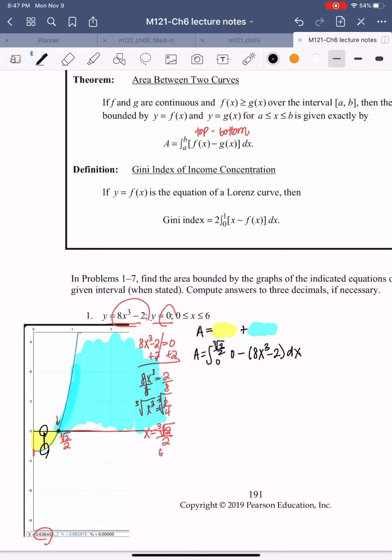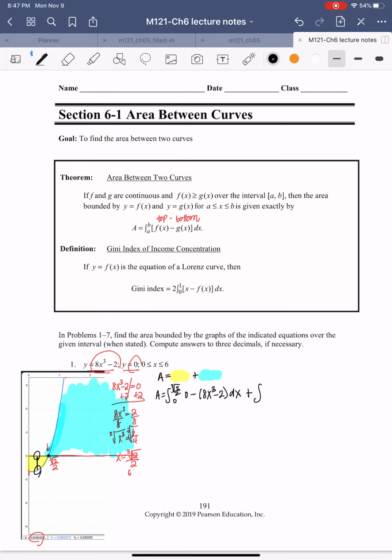Okay. Now the blue one is on top. It starts at cube root of 2 over 2 all the way up to 6. Our ending point is 6. Top now is the blue curve, which is 8x cubed minus 2, subtract 0, dx. Okay.